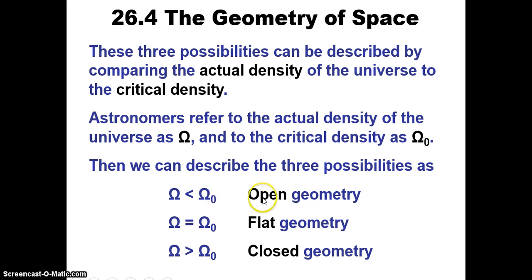If the actual density is less than the critical density, that's not enough to collapse the universe. If it's exactly equal, then it's a flat universe. And if the actual density is greater than omega naught, the critical density, then it's a closed geometry. And there are consequences to these that have to do with the shape of space itself.